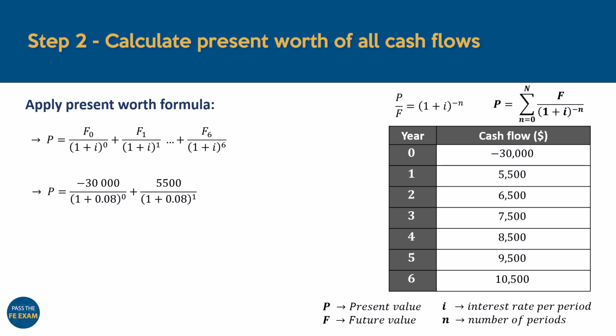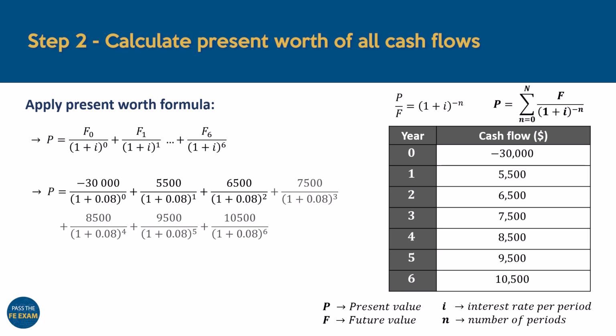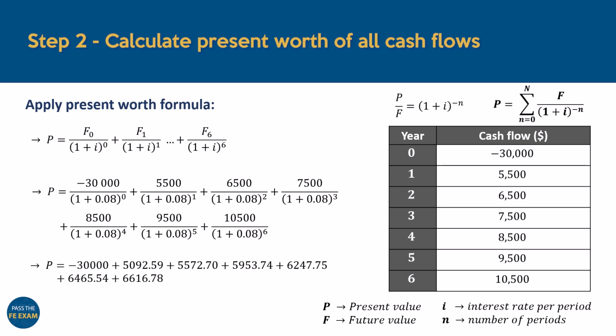For example, the cash flow of $5,500 in year 1 is divided by (1 plus 0.08) to the power 1. The $6,500 in year 2 is divided by (1 plus 0.08) to the power 2, and so on. We calculate the present value of each cash flow by substituting these values into our calculator.